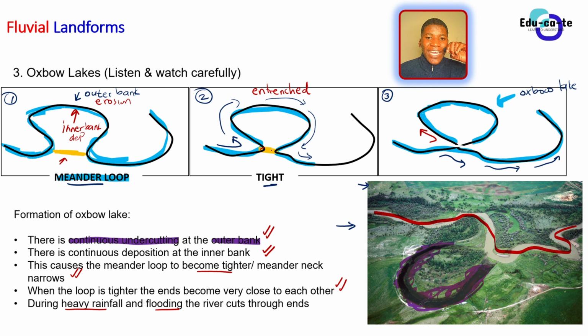The water will just cut through, and it will flow in a straight path because of this heavy rainfall and flooding. And then when the water is flowing through this straight path in this way, it is no longer going around in the meander loop. Then you can bring in the oxbow lake and say that this part has been cut off.